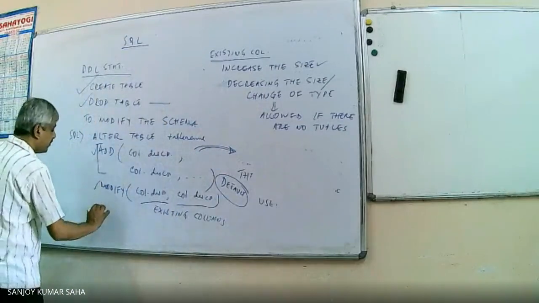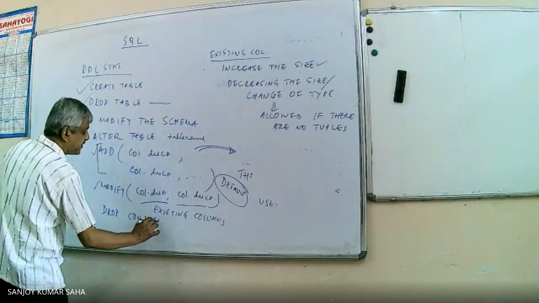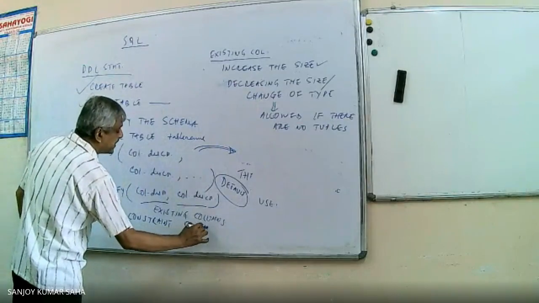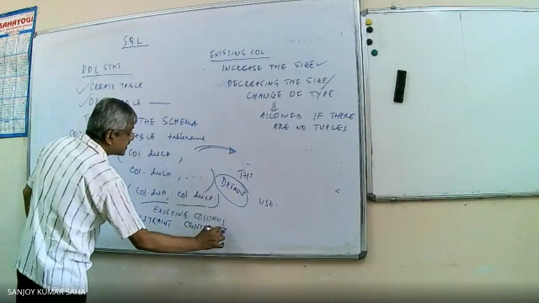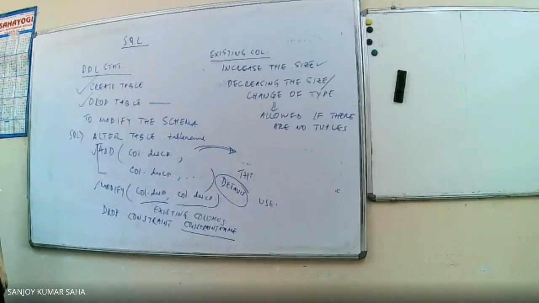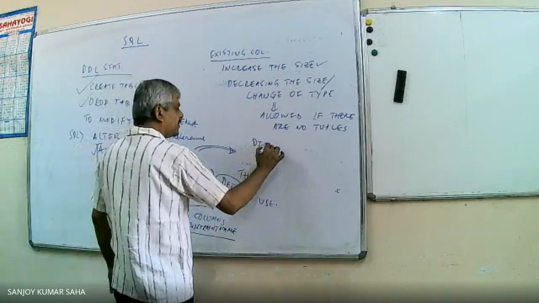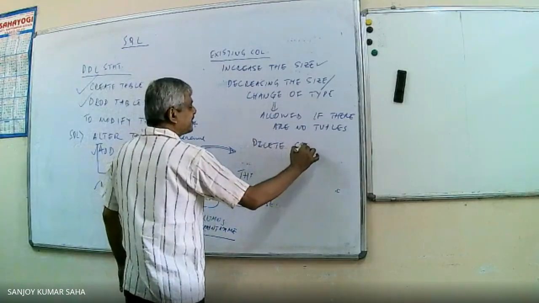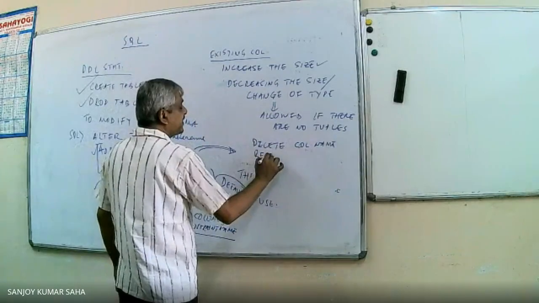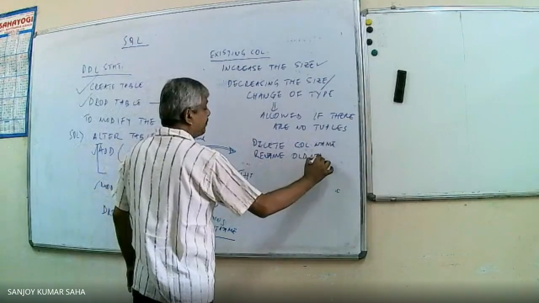You can go for removing some constraint also, drop constraint. Now if we don't put our own constraint name, then the system given constraint name we have to put if we want to remove some constraint. We can go for deleting columns, drop column name. We can change the column name, old name, new name.